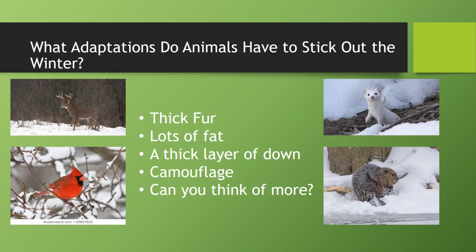So we have adapted to make our own clothing. We have adapted to create our own shelter. Okay, so these are just a few things that the humans have done, but think about the animals as well, what they have to do on a daily basis to get through winter or even the other 3 seasons.